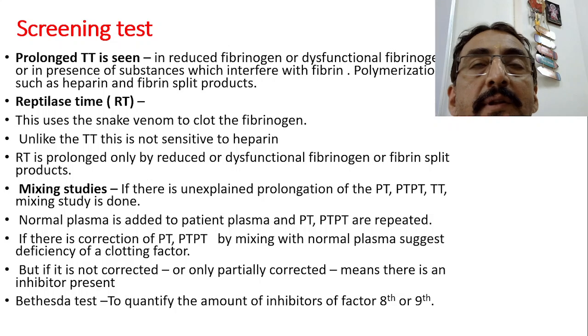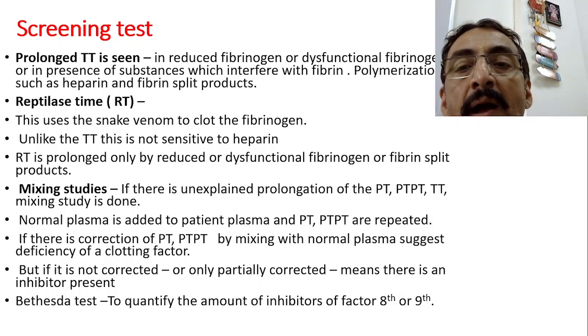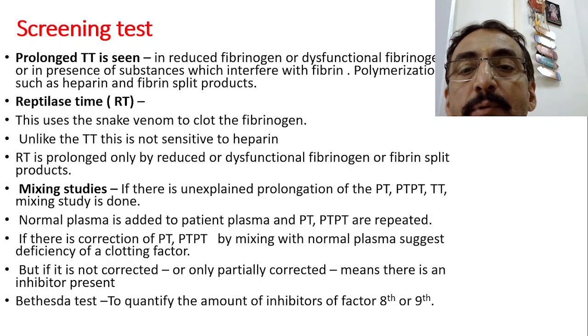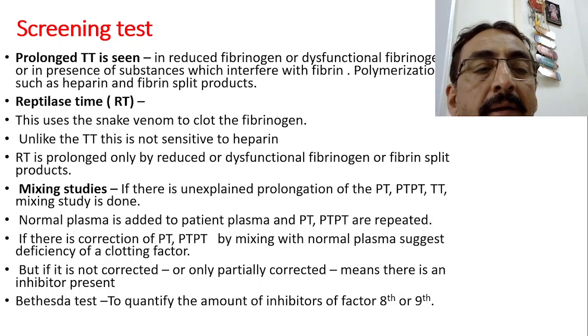Now we will go for the mixing studies. What will we do here? Normal plasma is added to the patient's plasma. The patient's plasma is showing high prothrombin time, thrombin time, etc. After adding the normal plasma, the test is repeated.